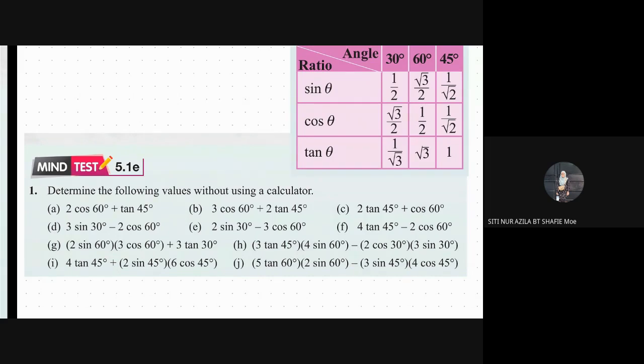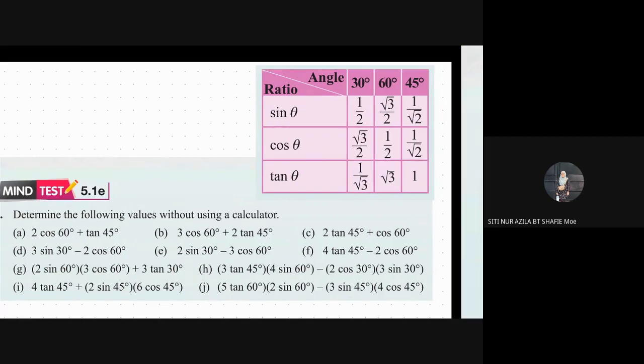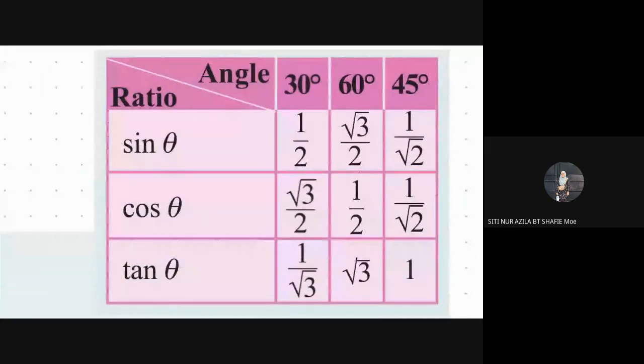Before we continue with the new subtopic, I want to answer a few questions based on what you have learned in the video that I shared with you last week, about solving questions involving sin, cos and tan for special angles, which are 30 degrees, 60 degrees and 45 degrees, without using a calculator.